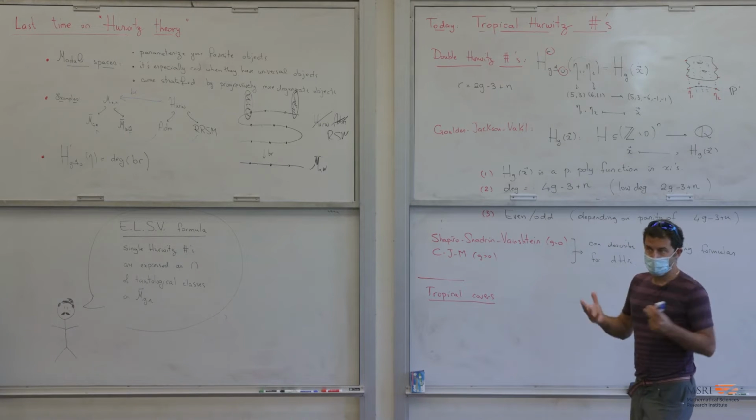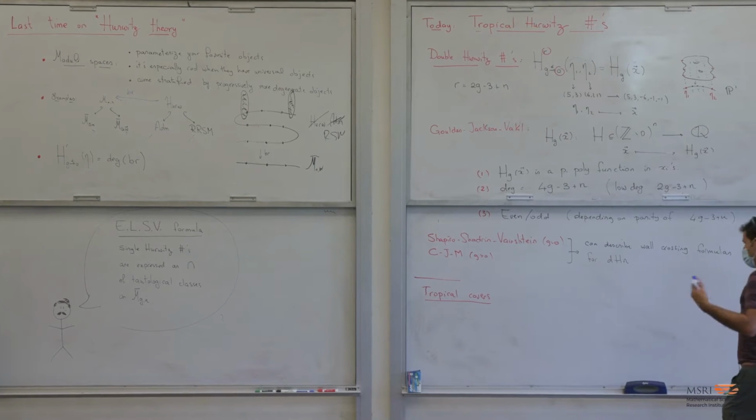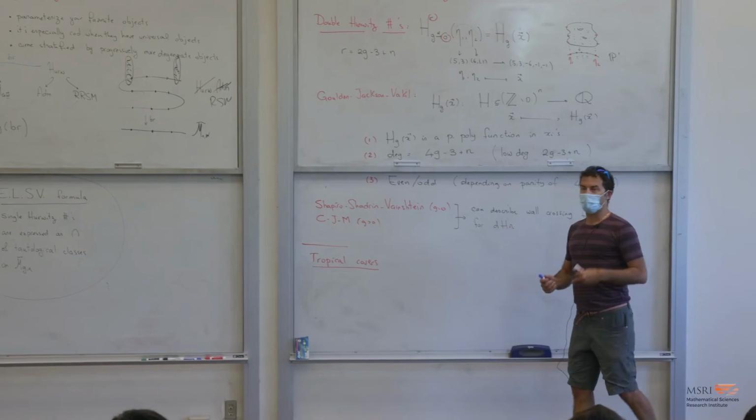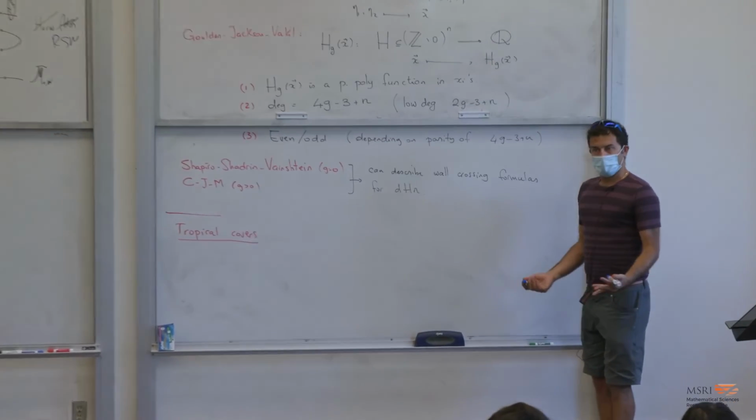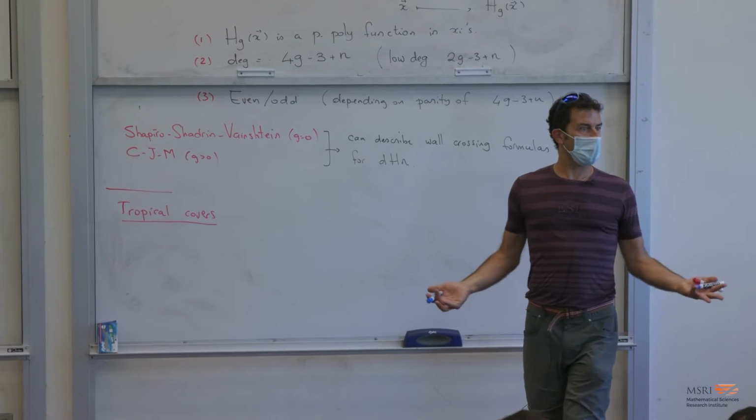Cool. So if we want to make this tropical, then again you kind of want to replace all of your geometric objects by piecewise linear analogs.